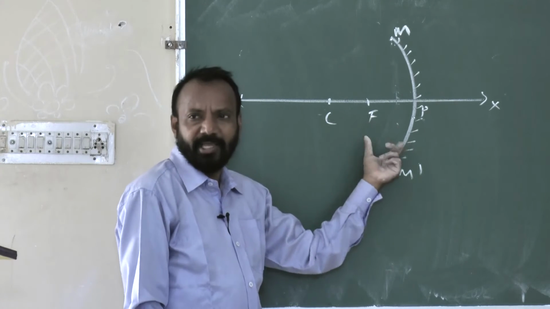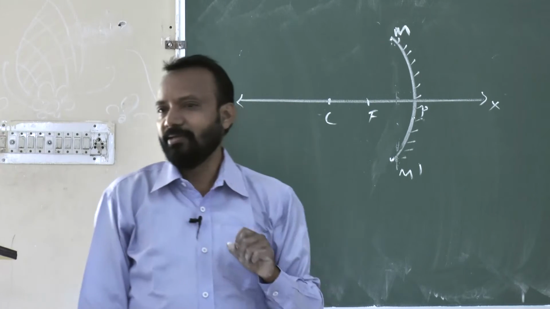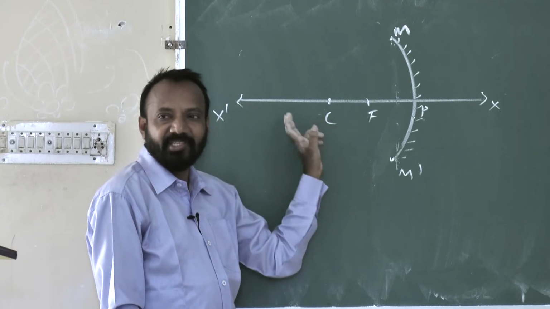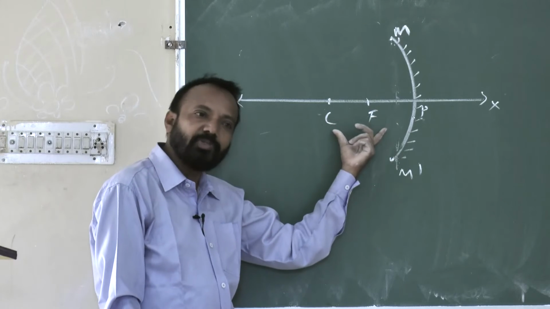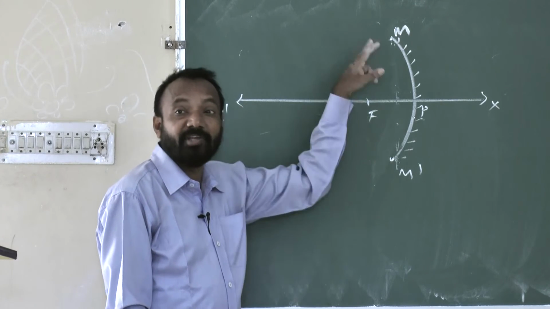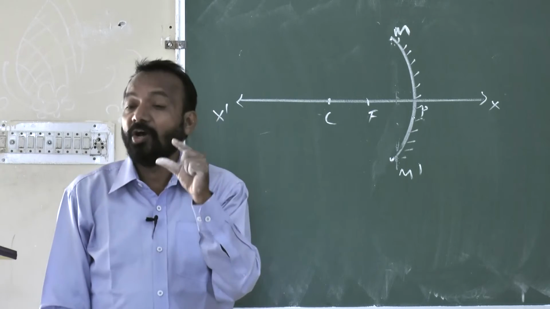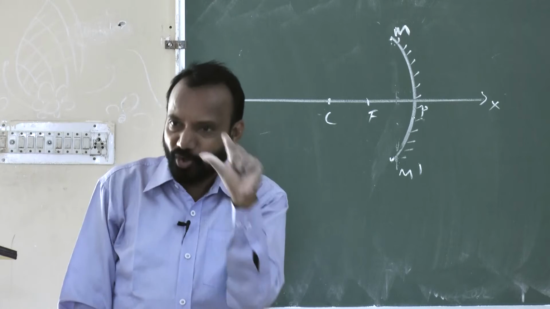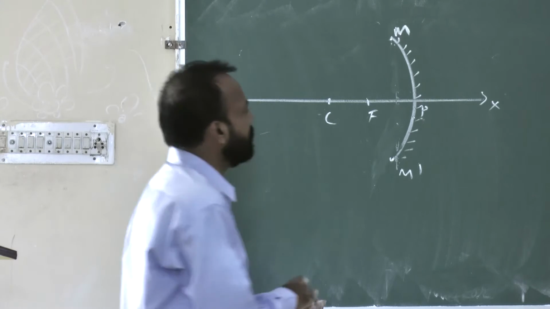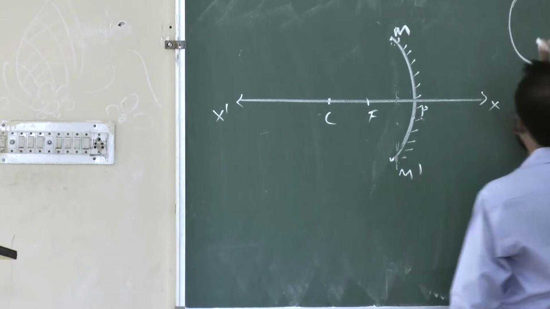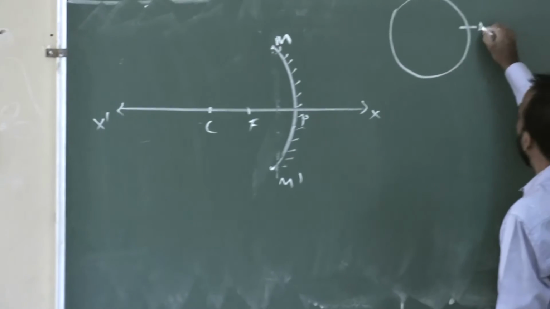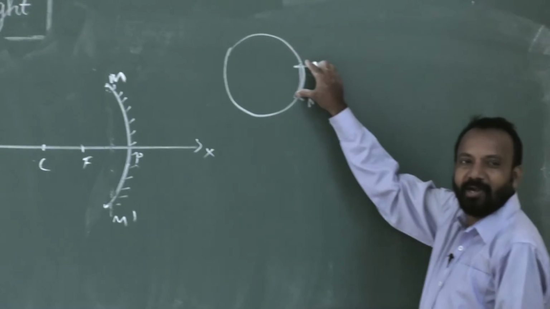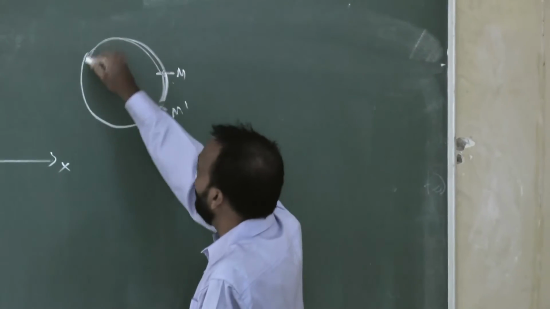A spherical surface has a radius, right? So if R is the radius of the spherical surface, then this CP is also called the radius of curvature, because curvature means the curved part or surface of the spherical surface. One of the smallest curved parts of a spherical surface. Suppose this is the spherical surface, this is your M, this is your M dash. This smallest curved part is called the curvature of the total spherical surface.